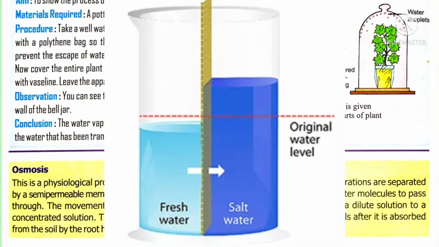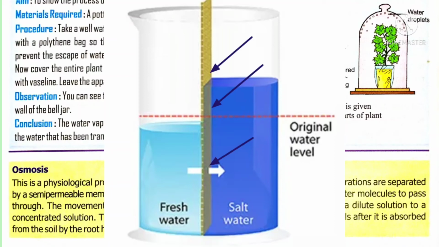Definitely it is the less concentrated area. You know that temperature always flows from higher level to lower level. The same way, water always flows from lower concentrated area to higher concentrated area, that means from lower concentrated solution to higher concentrated solution through the semi-permeable membrane.